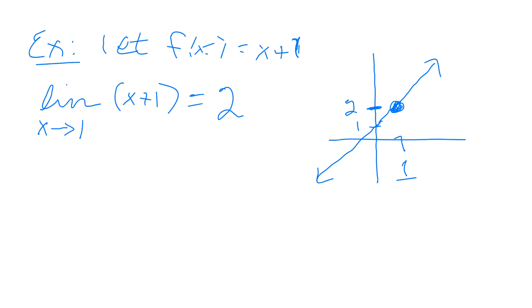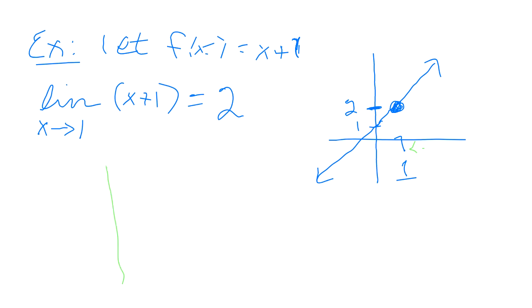We're going to actually end up proving this as well. But what I want to do is show, hopefully using different colors, as x approaches 1 from the right, let's look at this.